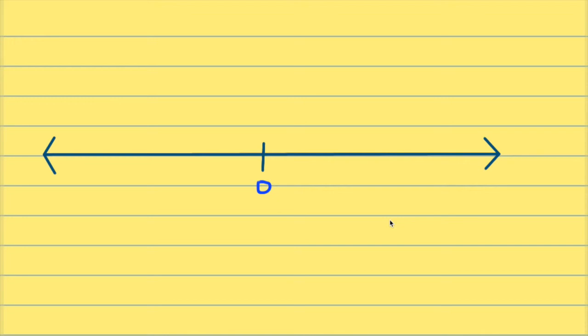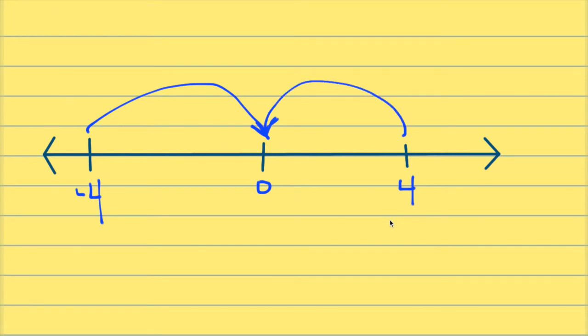But I want you to notice something. 4 and negative 4 are the same distance away from 0. And since they're the same distance away from 0, but on opposite sides of the number line, we call them opposites. 4 is the opposite of negative 4, and negative 4 is the opposite of 4.